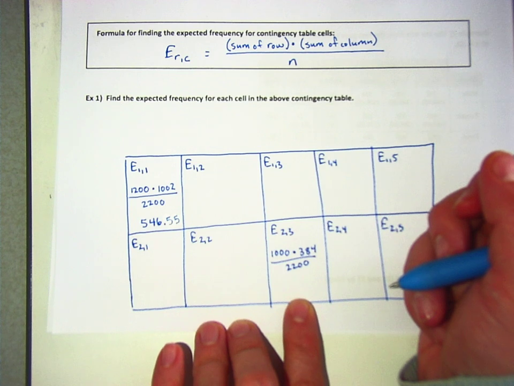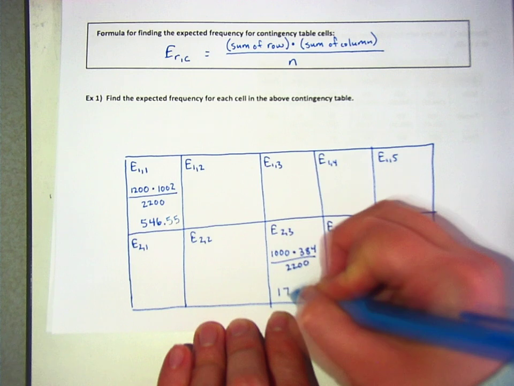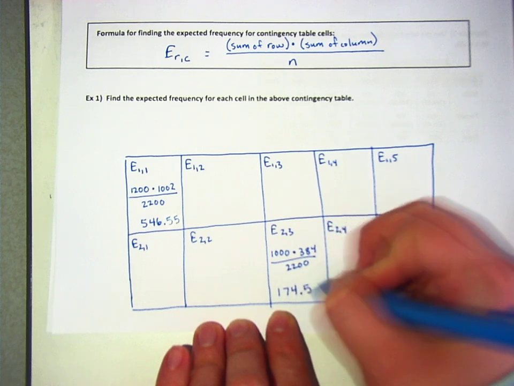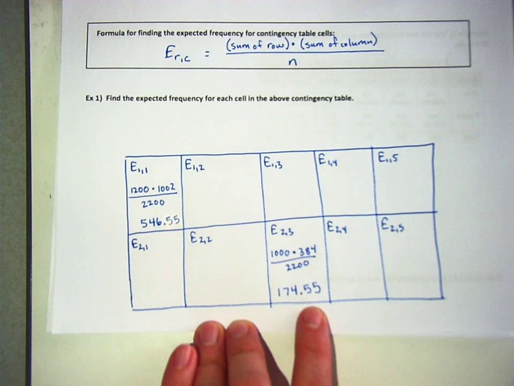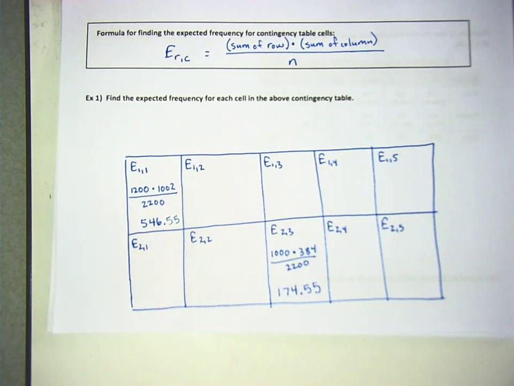You get 174.55. Notice that I wrote 5.5 this time after I said it. Not to brag.